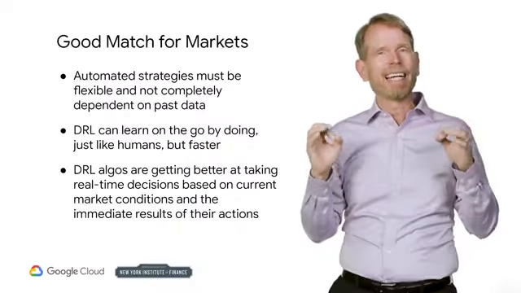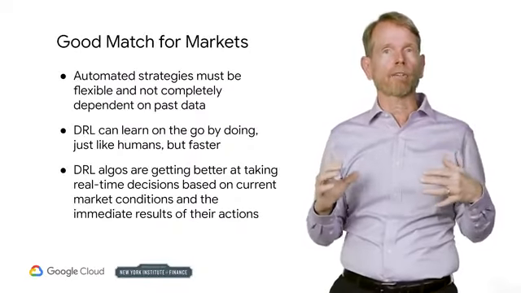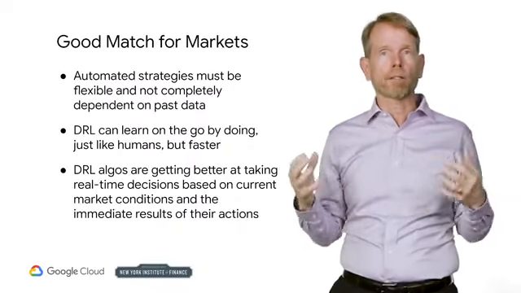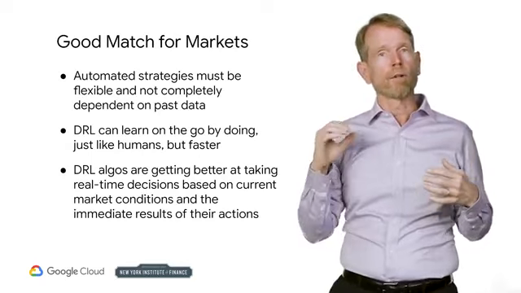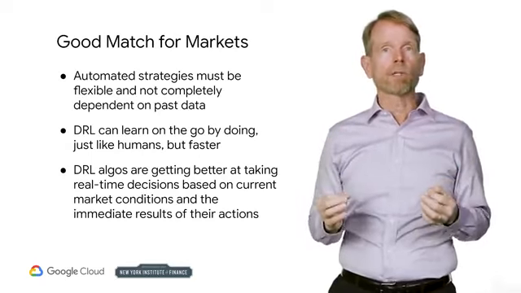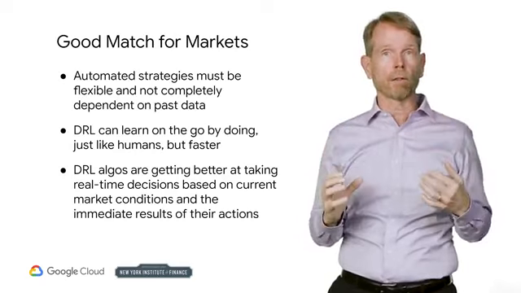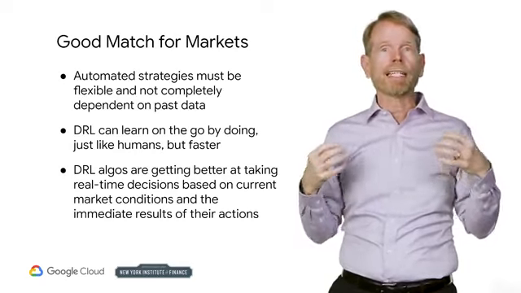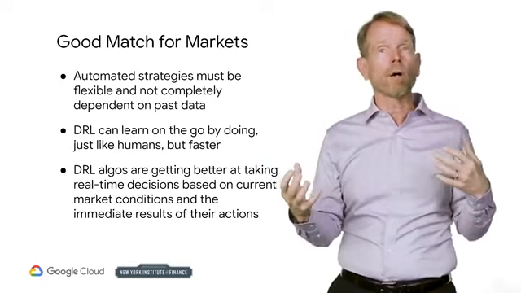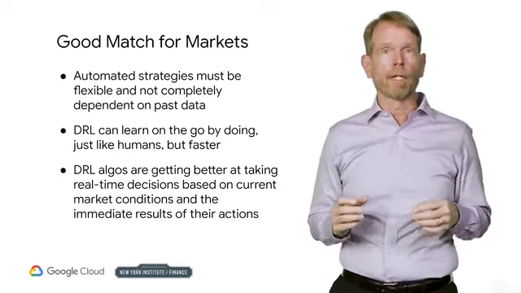In order for an automated strategy to be successful, it has to be flexible and capable of adjusting itself to the present situation and not rely solely on past information, just like their human colleagues do. For now, deep reinforcement learning is the closest thing we have to resemble the way we learn. Just like us, DRL agents learn on the go and by doing.